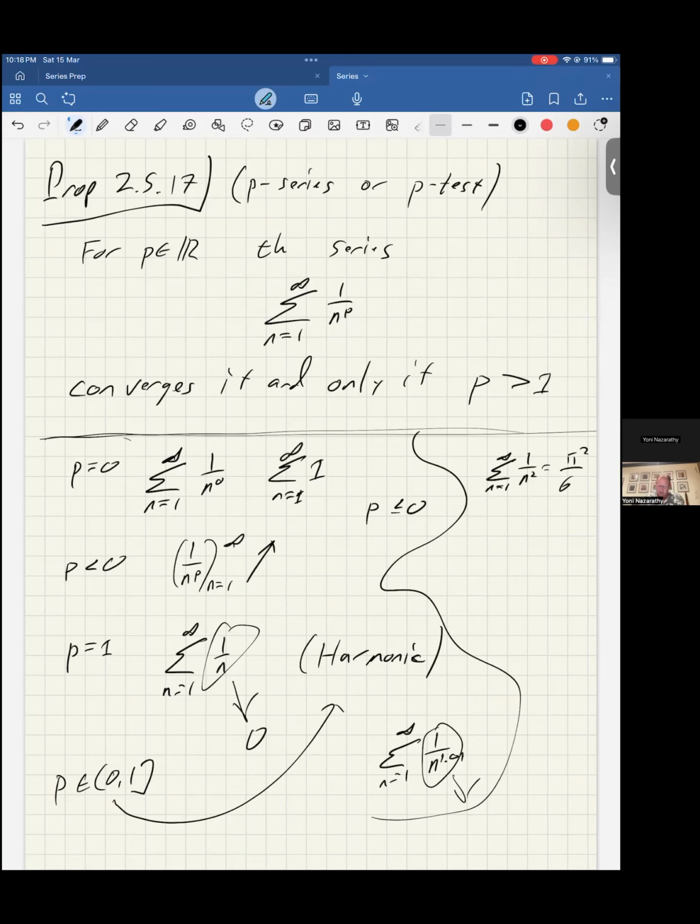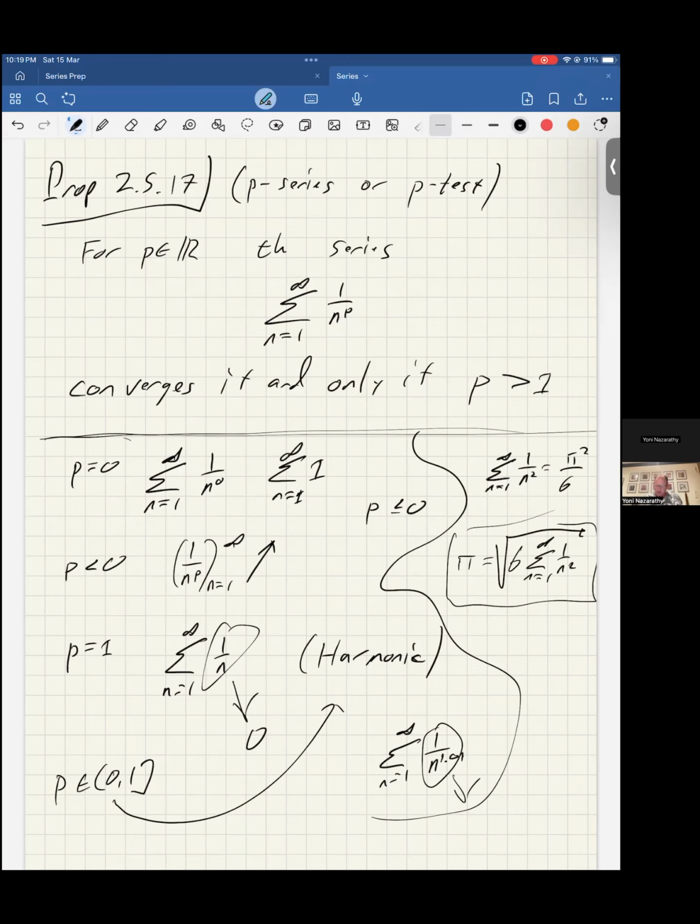So you can use this to define pi in one way or another. You would say that pi is the square root of 6 times the sum n from 1 to infinity of 1 on n squared. And that's one way of getting pi, if you would like.